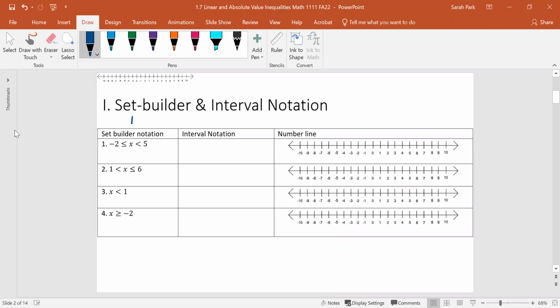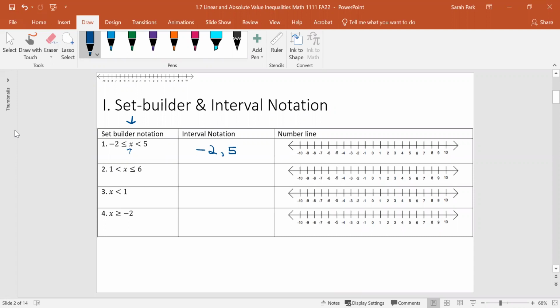So set builder notation is in the first column, the left-hand column right here. The notation is what you're used to. For example one, we have x is greater than or equal to -2 and less than 5. We read it from the point of where x is positioned. What this means is all the values that we're calling x are between -2 and 5, so we write -2 and 5.